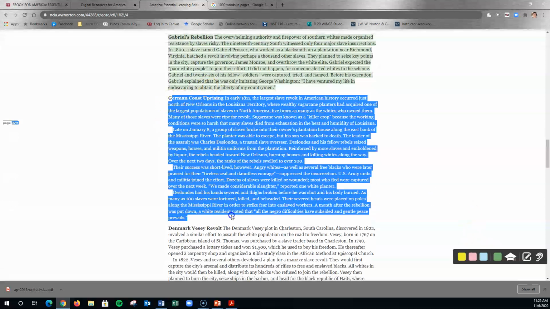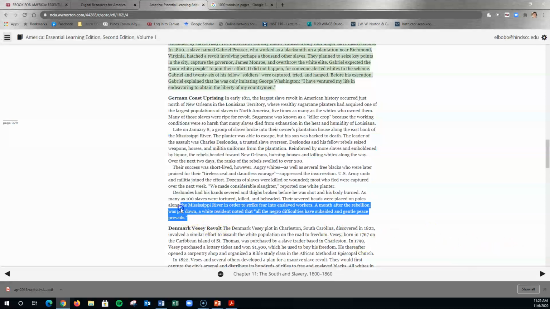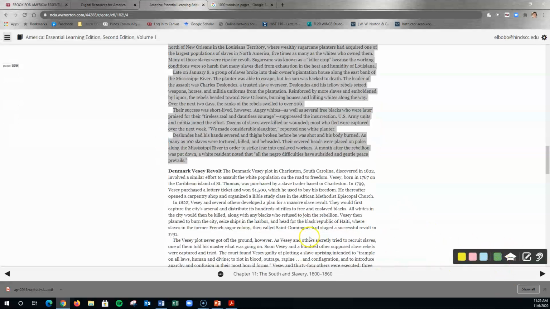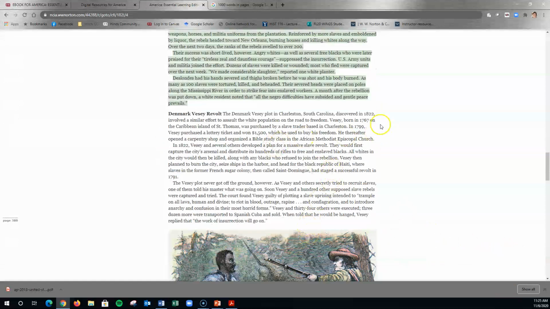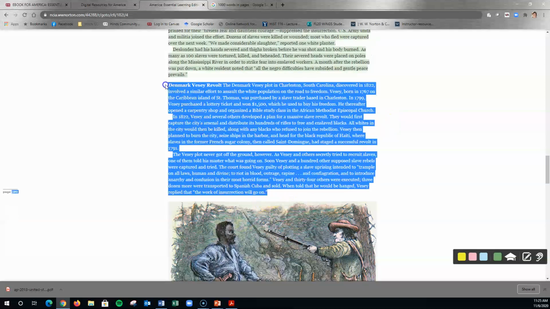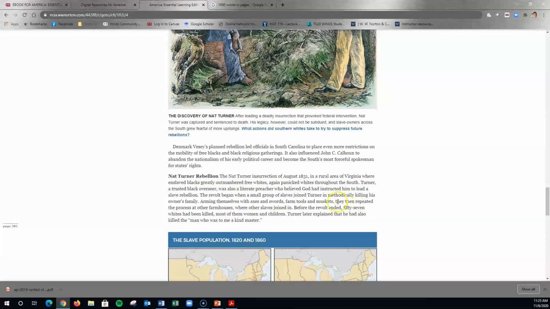One of the most famous is the Denmark Vesey Revolt, which is gone into some detail right here in Charleston, in 1822. The Denmark Vesey plot is discussed there, and the Nat Turner Rebellion.